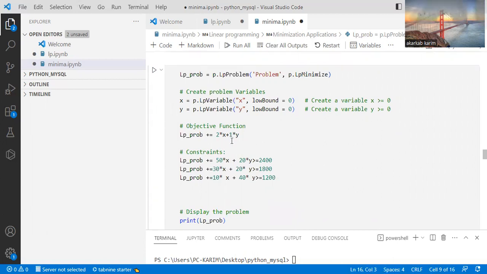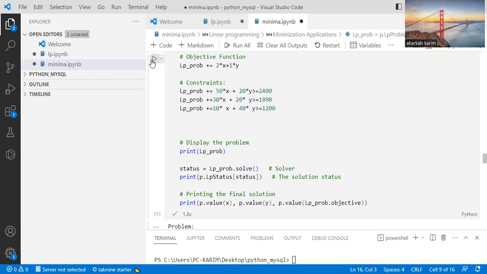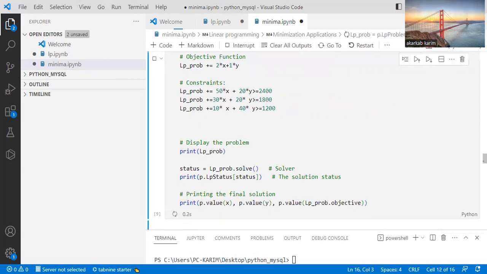These are the constraints we have: 50x plus 20y greater or equal to 1040 units, 30x plus 20y greater or equal to 1800 units, and 10x plus 40y greater or equal to 1200 units. Well, I apply my solver, and this is the solution.